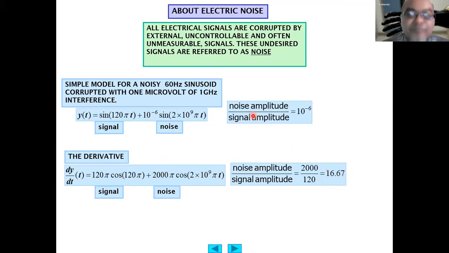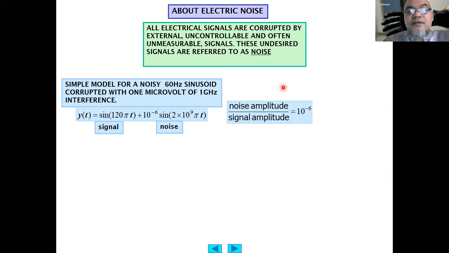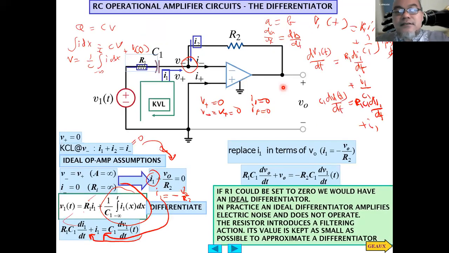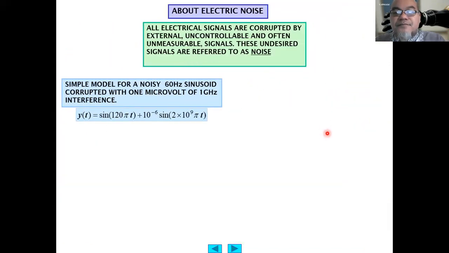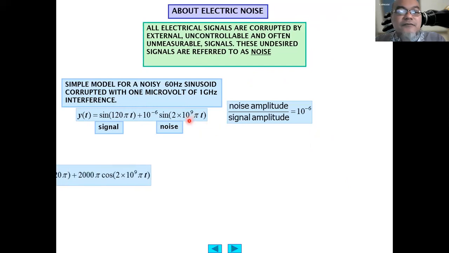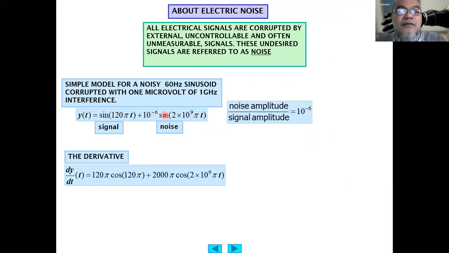So before the input signal goes into the differentiator circuit, the circuit in this slide, the V in, when we assume, for example, it has this 1 microvolt noise, the noise to signal amplitude is 10 to the power of minus 6.